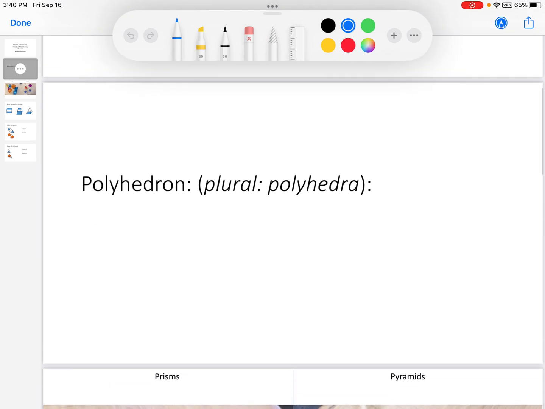First definition, a polyhedron, the plural of which is polyhedra, so you have one polyhedron but three polyhedra. That is a three-dimensional shape that has only flat faces.